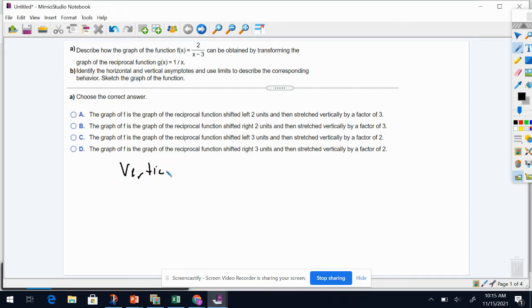Vertical. Let's spell that right. The vertical asymptote is what makes the denominator equal to 0. Well, set x minus 3 equal to 0. I'm going to add 3, and that gives me x is equal to 3. So I have a vertical asymptote at 3.